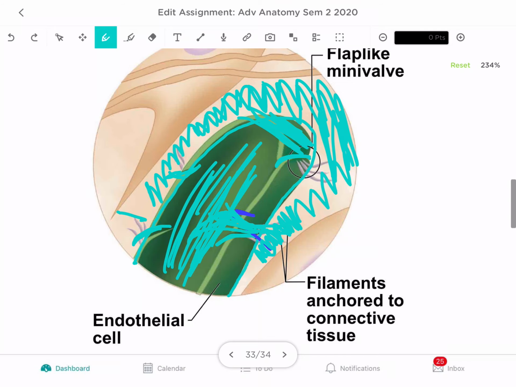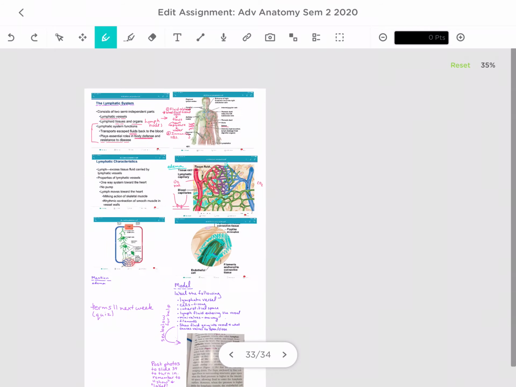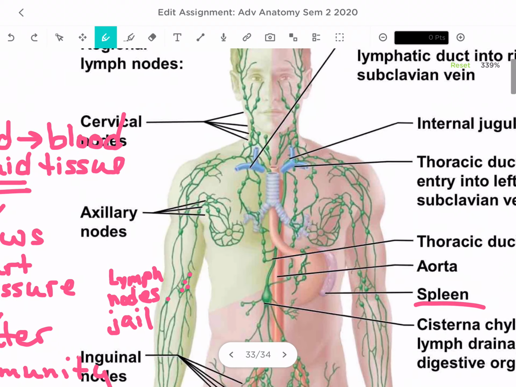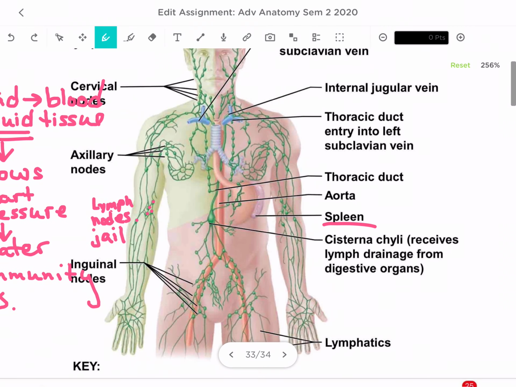That's what pushes the fluid all the way back up to the subclavian vein. So all this fluid is collected all over your body, and it's pushed by the action of your skeletal muscles all the way back up to the subclavian vein.